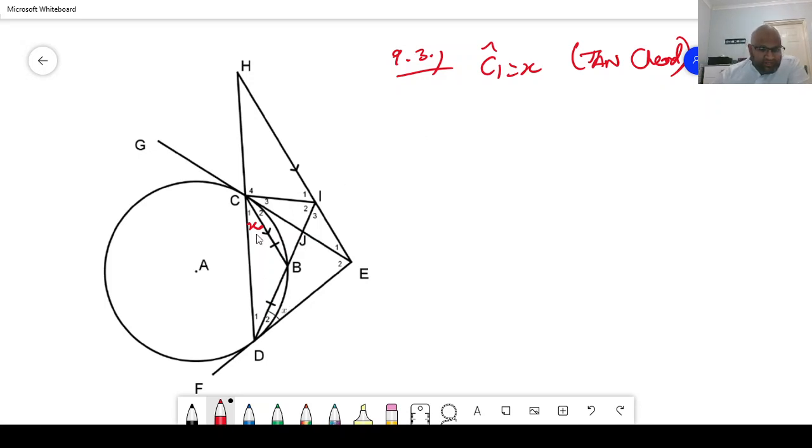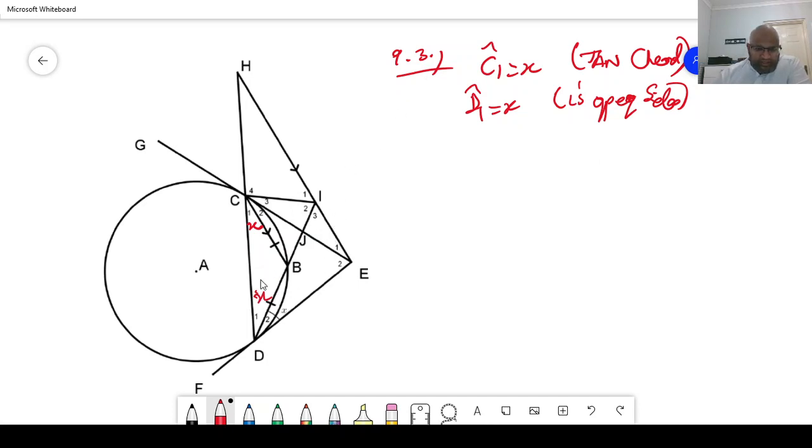Then we said that since CB is equal to BD, D1 is X. So you say angle D1 is equal to X, because angles opposite equal sides. So that's the second angle.